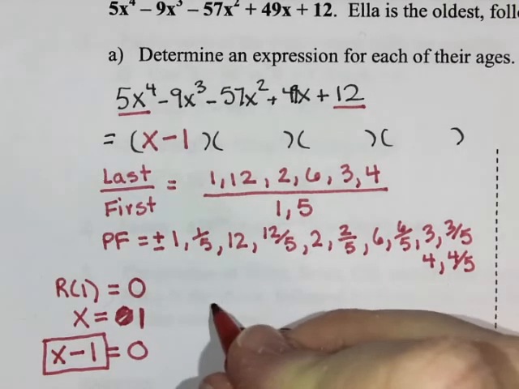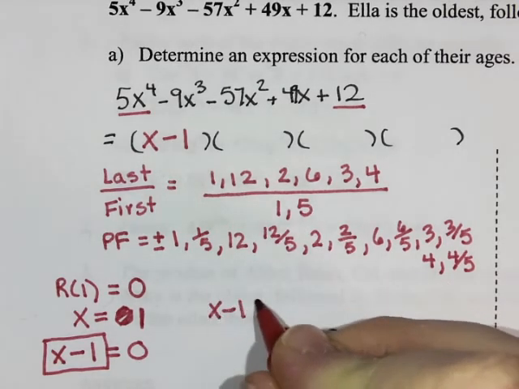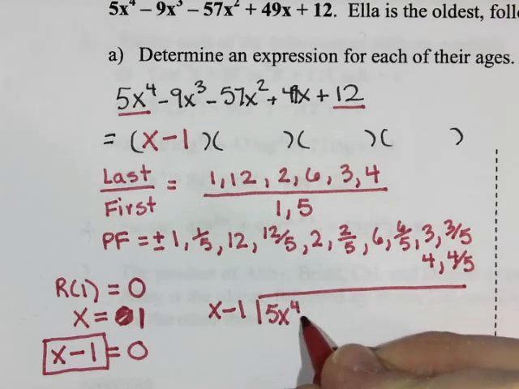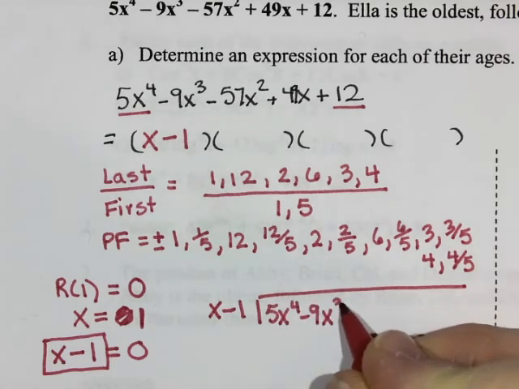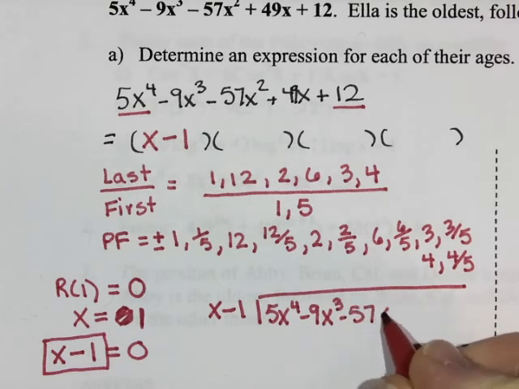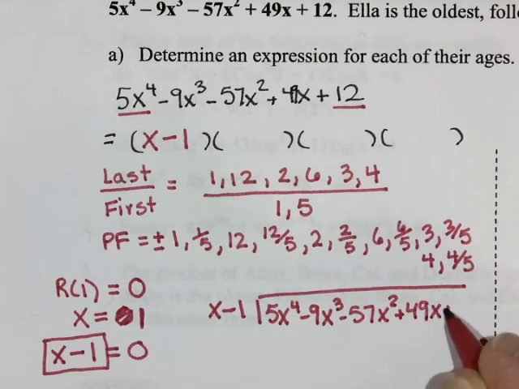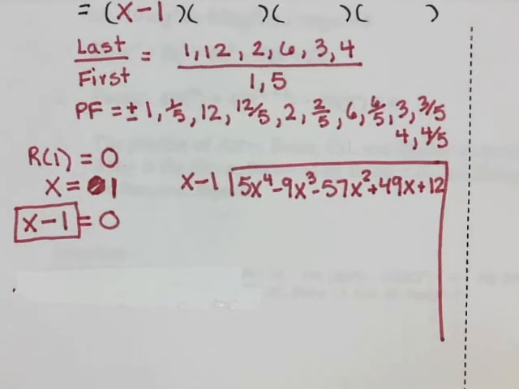Okay, so I want to know how many times does x minus 1 go into 5x to the 4 minus 9x cubed minus 57x squared plus 49x plus 12. I didn't leave myself a lot of room there.